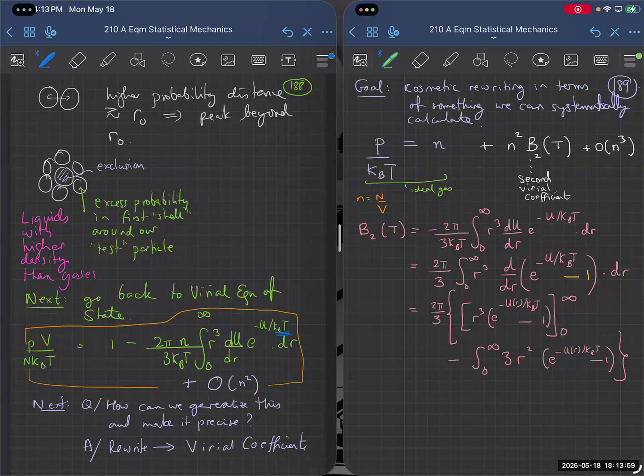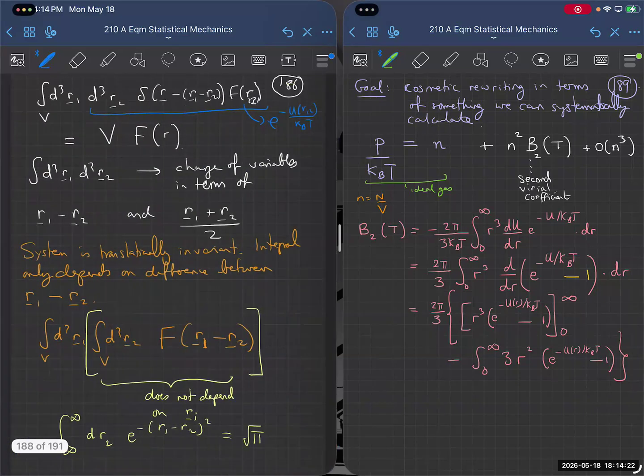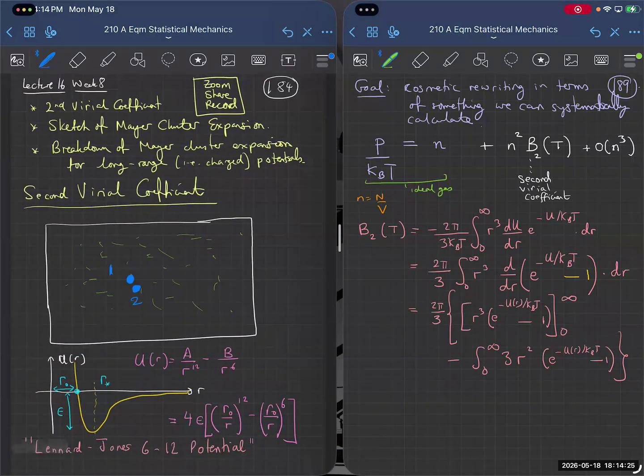Now, the limits on this. When r is equal to 0, then the r cubed term is equal to 0, so that's 0. And when r is equal to infinity, the potential goes to 0.